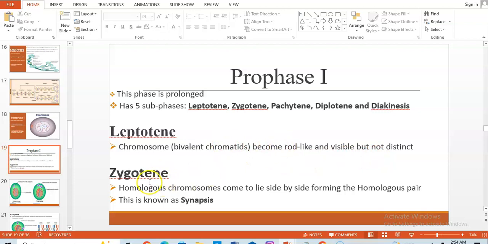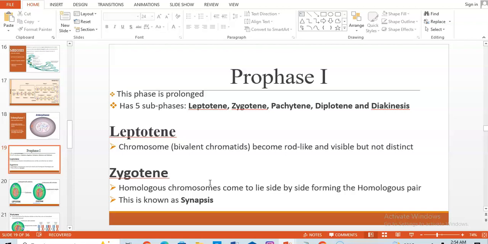What happens at zygotene is a process called synapsis. That's the keyword you just need to know: synapsis. So what is synapsis? In a cell you have 46 chromosomes. Out of these 46 chromosomes, we have 44 autosomes, and 2 sex chromosomes.